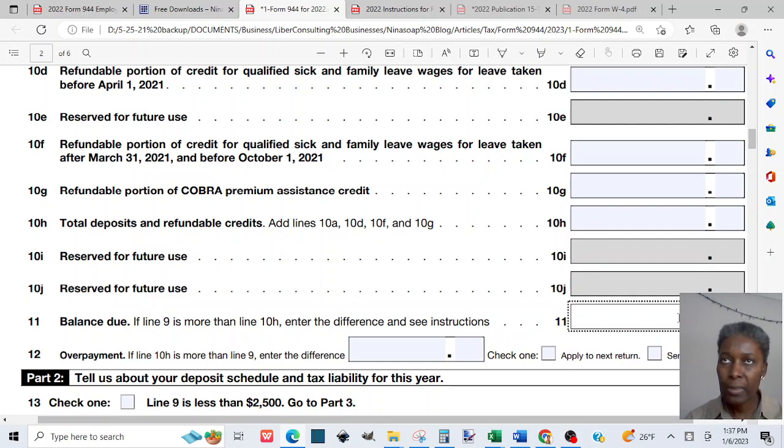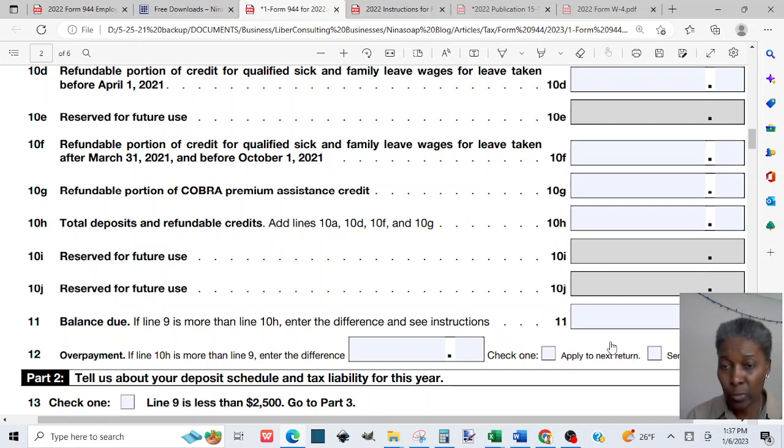So the difference between line 9, total tax, and line 10H, total deposits, for us is $66.28.